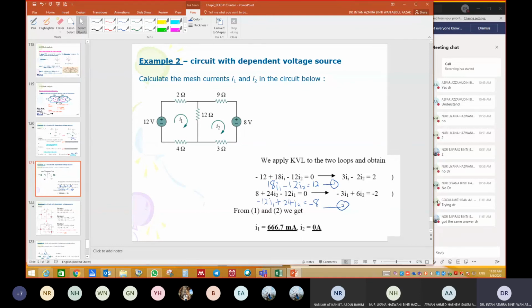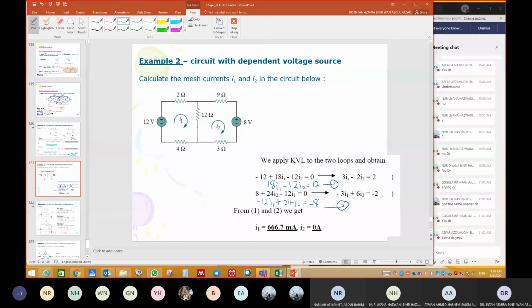Okay. Safira got the same answer. Okay, if I ask you to find I3, what is I3?